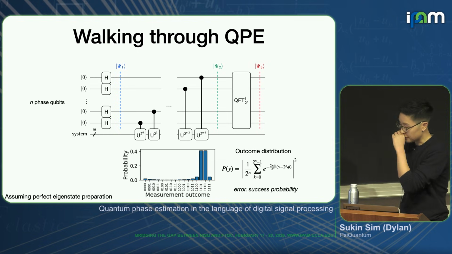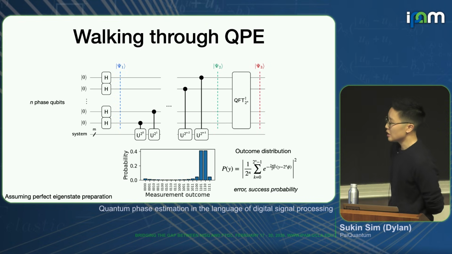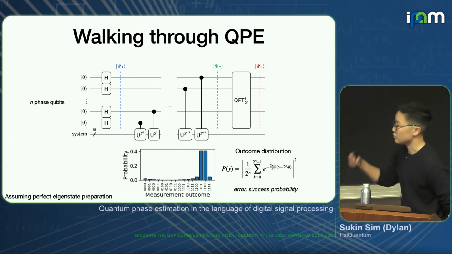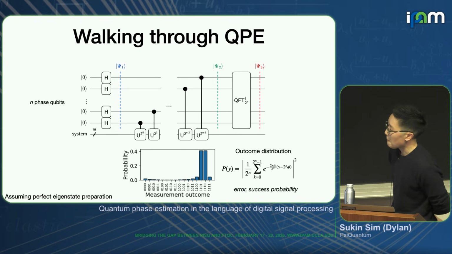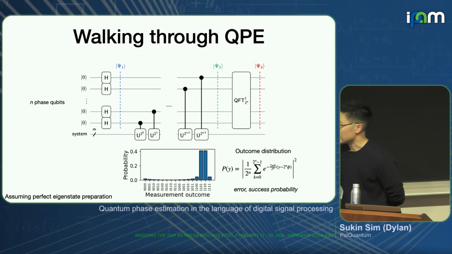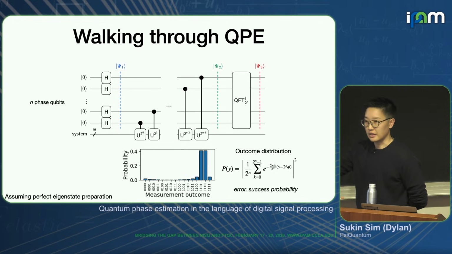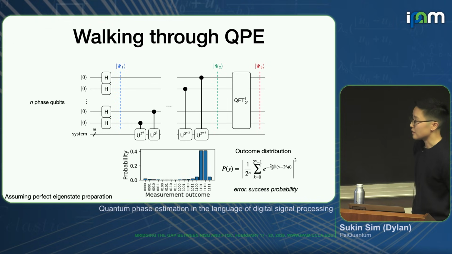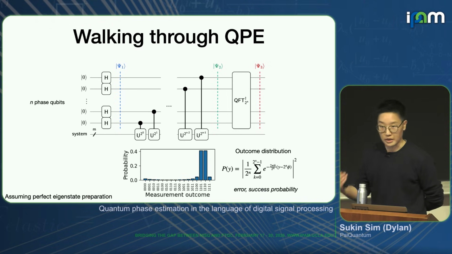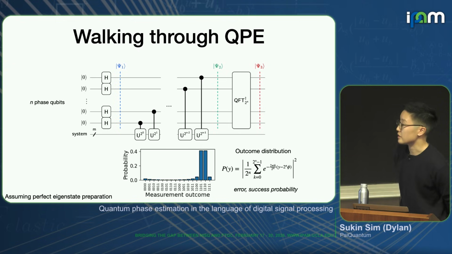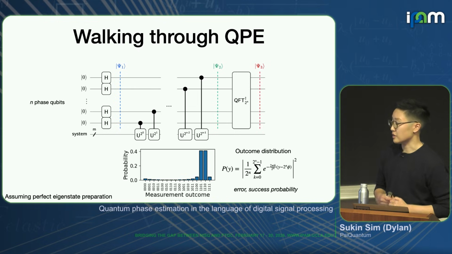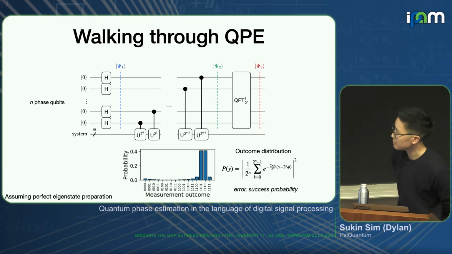But from a theoretical perspective, we often focus on the outcome distribution, the probability of drawing a particular outcome y. Looking at this probability distribution, which can be nicely depicted using something like a histogram, we can set some nice bounds or make statements about the expected error, as well as the success probability of drawing an outcome that is sufficiently close to the eigenphase.